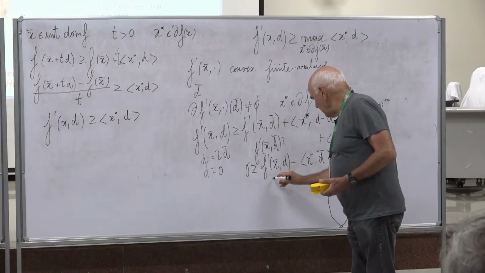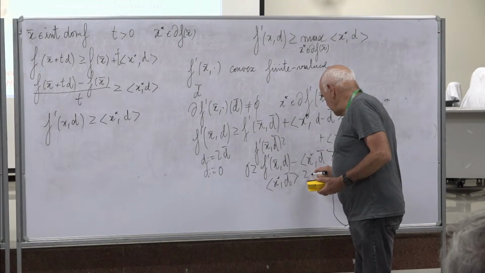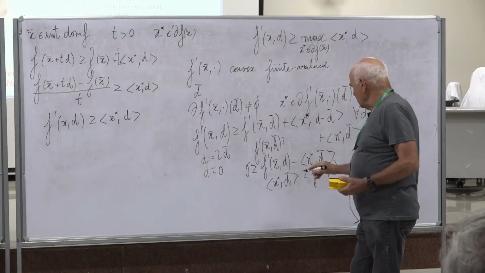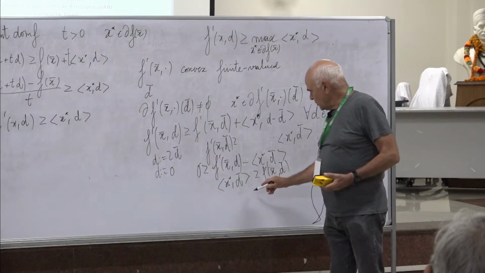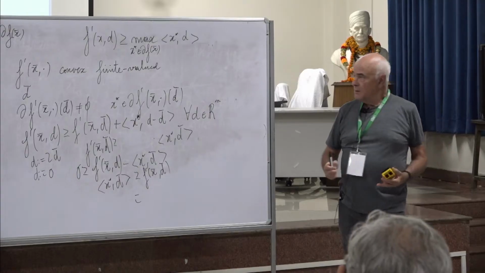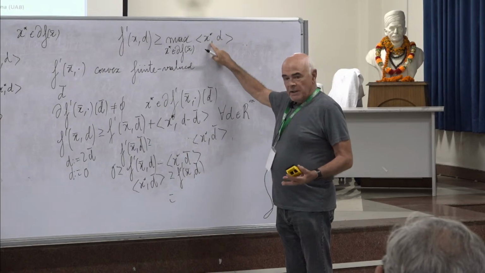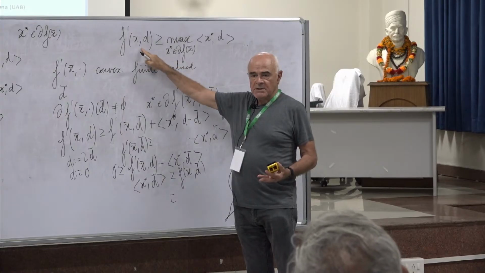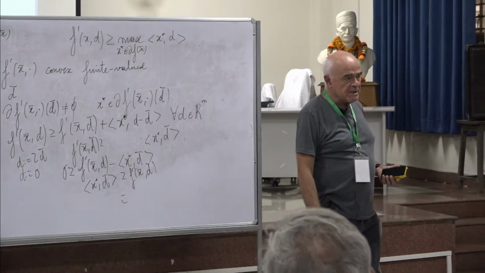So we get x star d bar greater than or equal to f'(x bar, d bar). And we already have the opposite inequality. So we have equality. And this is the end of the proof, because I have proved that for a particular x star, this expression coincides with f'(x bar, d). So at the maximum, we get f'(x bar, d).